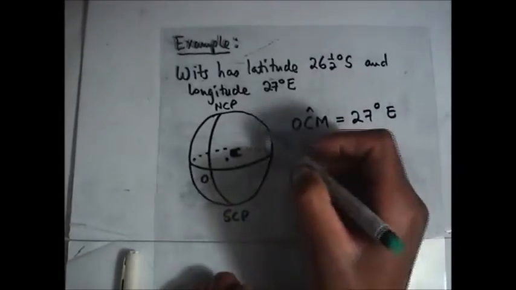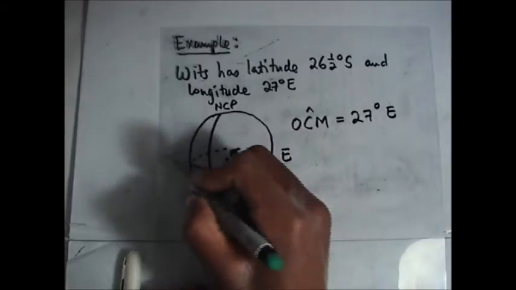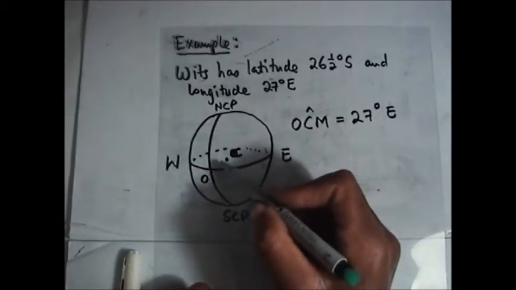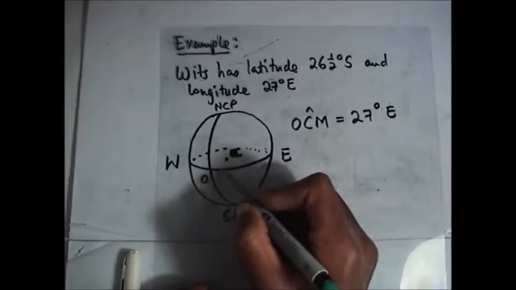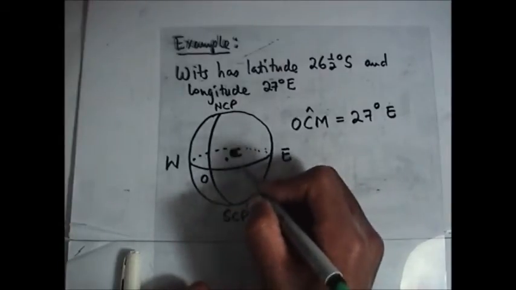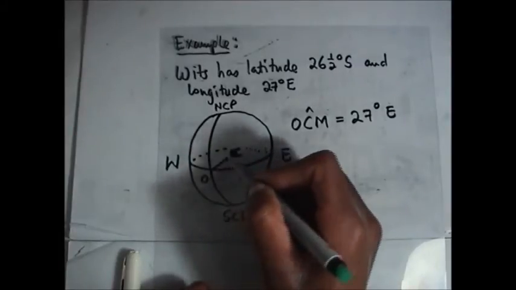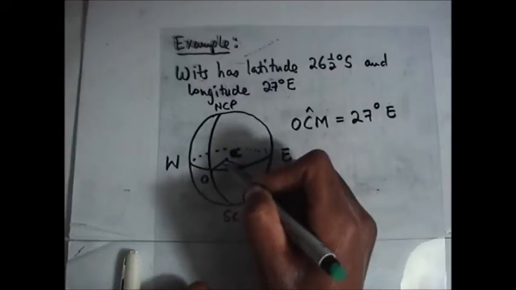Since this is going to be our east, this is going to be our west. So coming in the east towards the easterly direction like this, we should measure an angle of 27. So I'm just going to put my M here so that this angle OCM is 27 degrees.